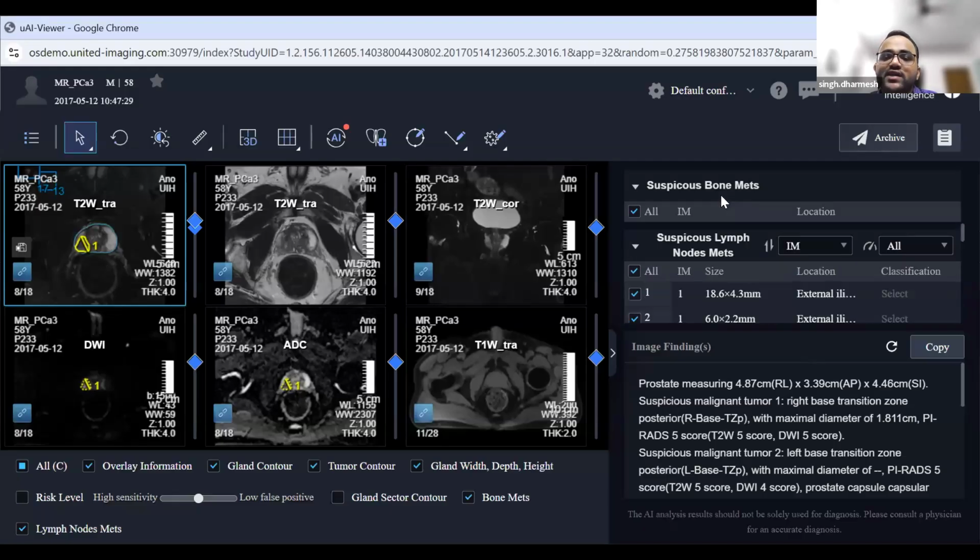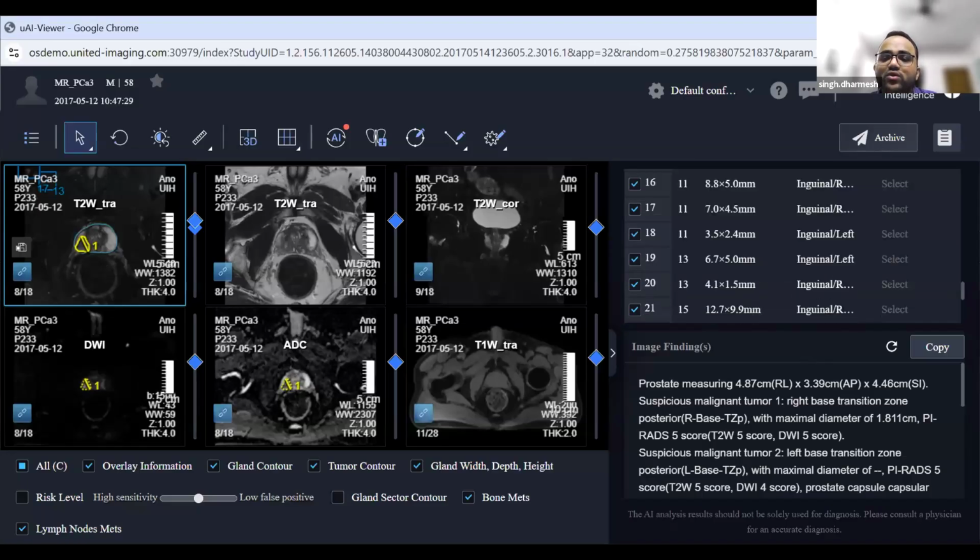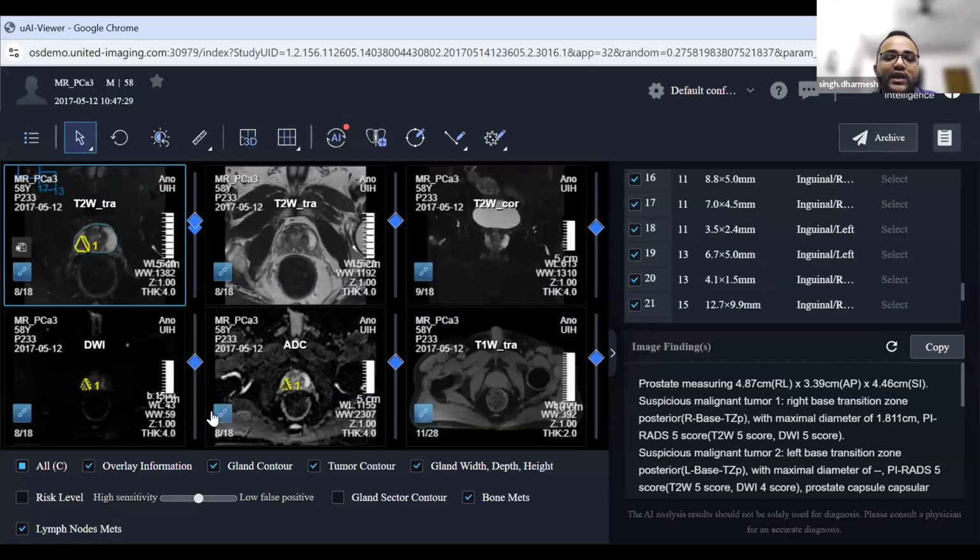If there is any bone metastasis in the prostate, it shows the bone metastasis parameters. It shows all the key slices, and you can also check the risk level, high sensitivity level, and all. You can also segment out the transition zone here.